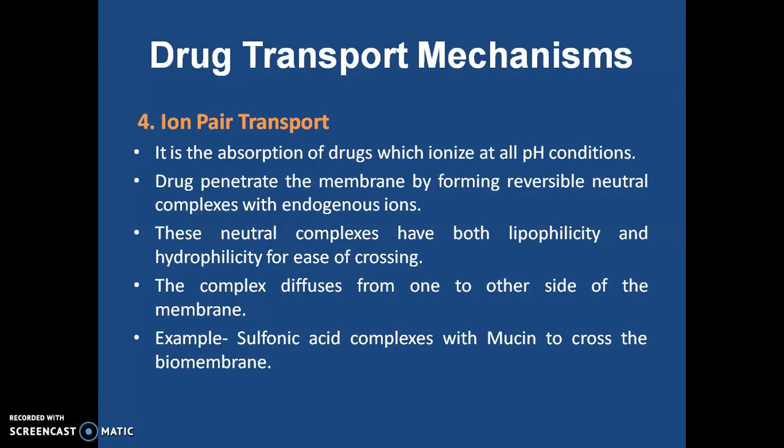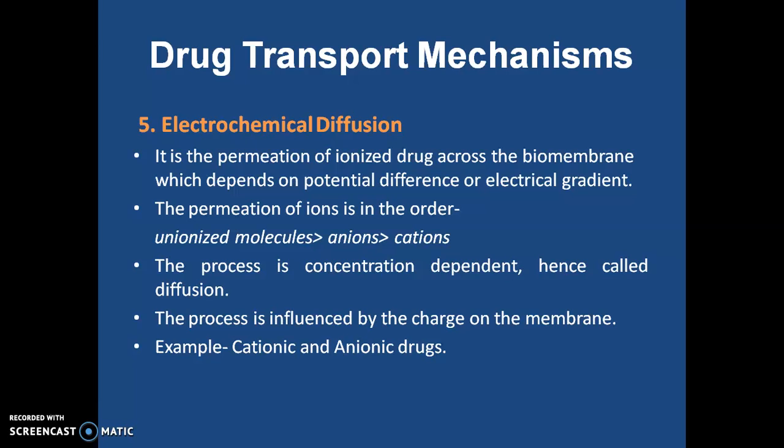These neutral complexes, having both lipophilicity and hydrophilicity, can cross the membrane. The complex diffuses from one side of the membrane to the other. Examples include sulfonic acid complexes with mucin to cross the biomembrane.